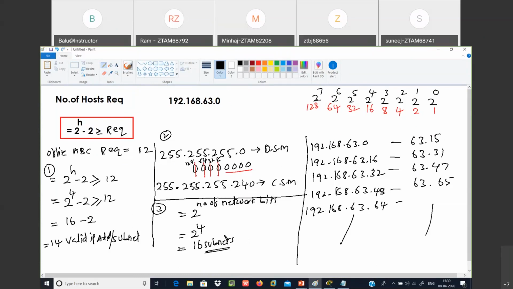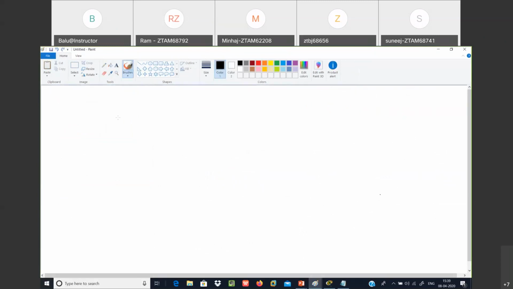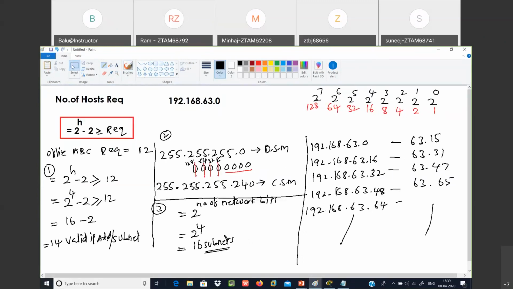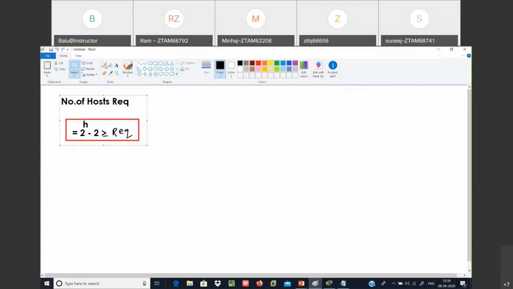Copied, guys? This is the number of host requirement. Let me give one more task to you. Number of host requirement, same formula.